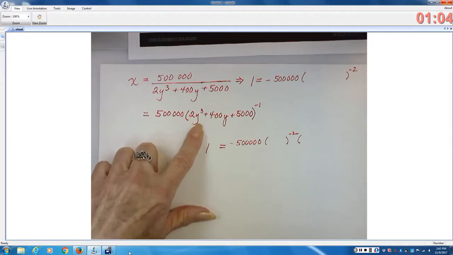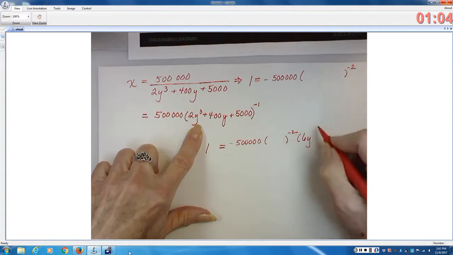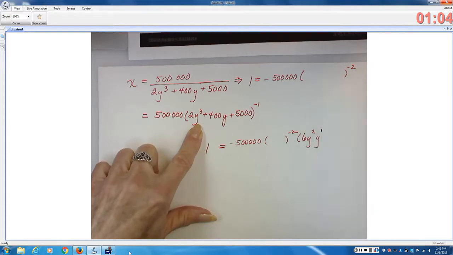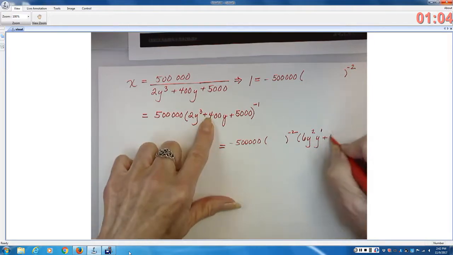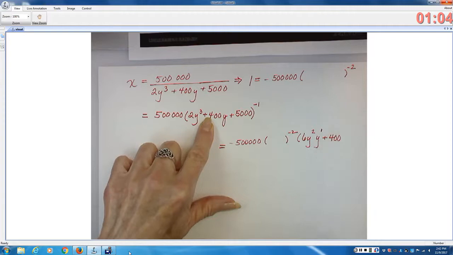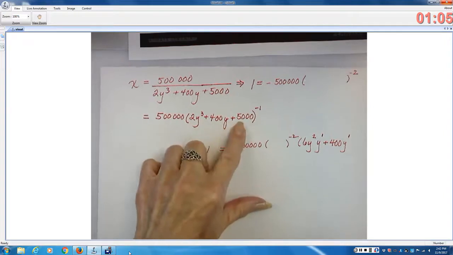So the derivative of 2y cubed is 3 times 2 is 6y squared y prime plus 400, and the derivative of y is y prime, and the derivative of 5,000 is 0.